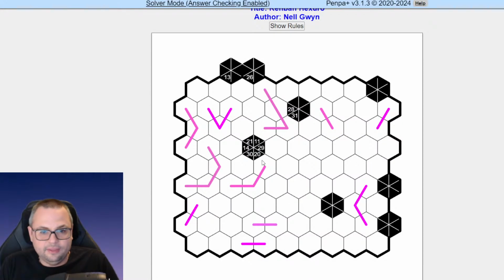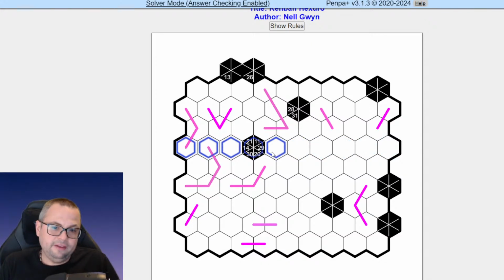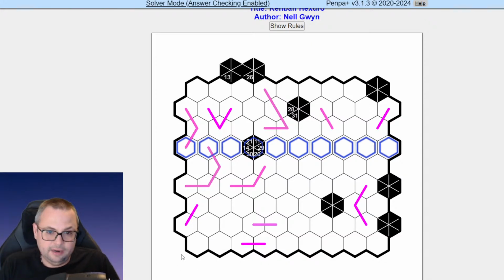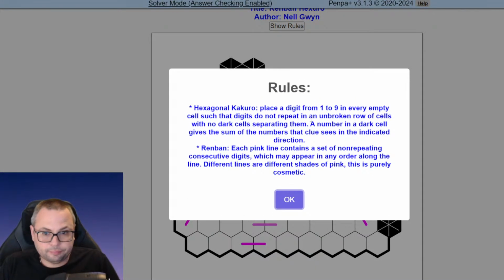So basically, there's a reset if you think about this. So here, 1, 2, 3, 4, 5, 6. Ooh, that's a pretty purple. 1, 2, 3. But these don't have to be a set of the digits 1 through 9. In fact, if you look at the rules, they can't be. A number in a dark cell gives the sum of the numbers in the direction that is indicated.